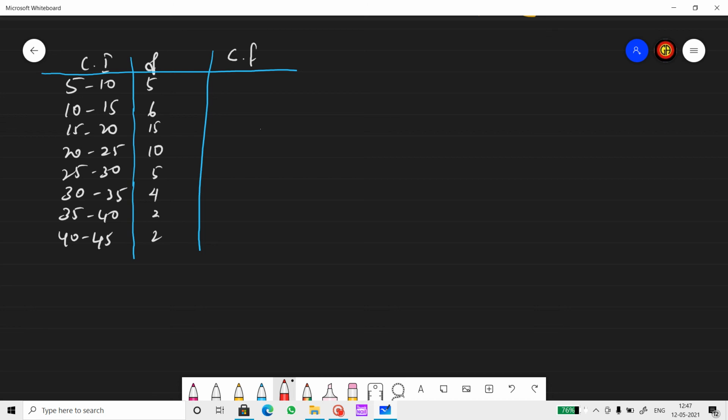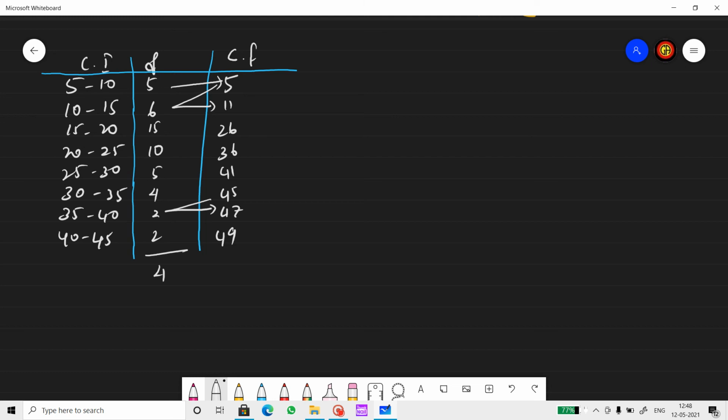Now, let's write the cumulative frequency, which is 5, then 5 plus 6, 11, and so on. So you get 26, 36, 41, you keep adding, 45, then 45 plus 2, 47, and then you have 49.